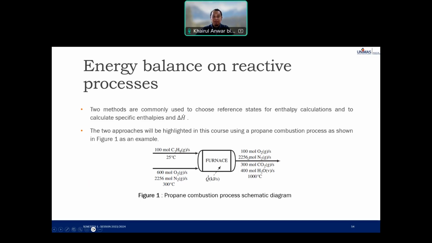Propane, oxygen, and nitrogen go in and undergo combustion, producing oxygen and nitrogen, which is the excess, then propane turns to CO2 and H2O.